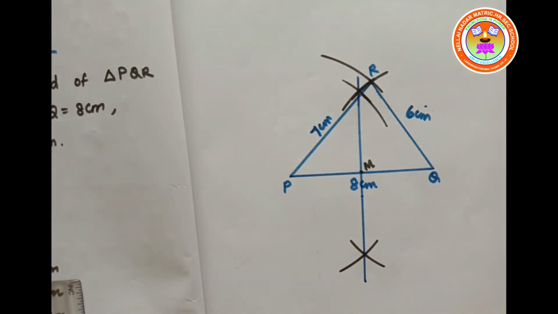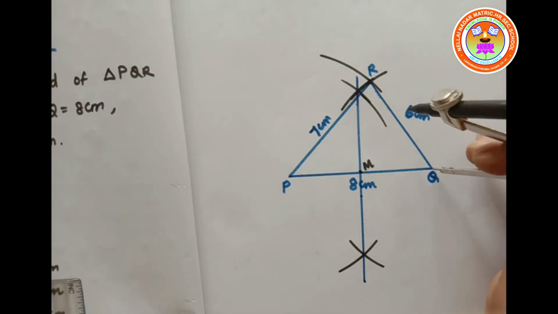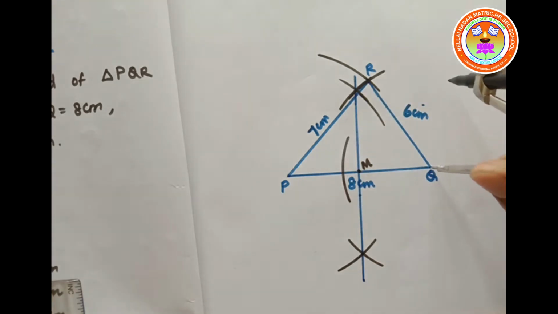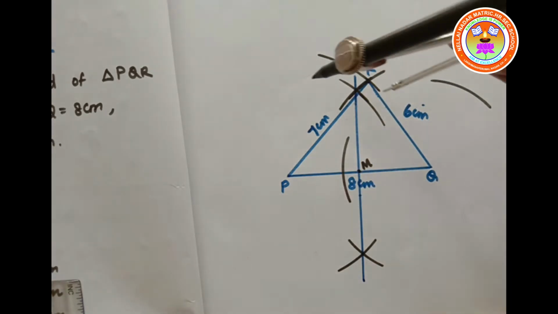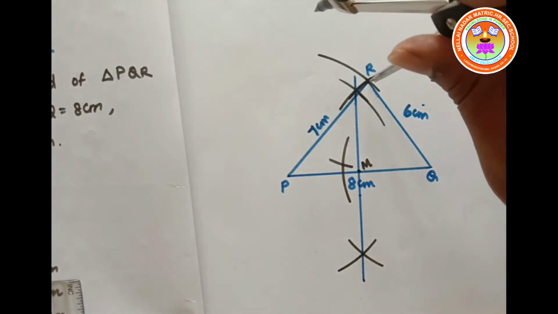Take another side, QR, and take its perpendicular bisector. From Q, take more than half. We're going to draw a perpendicular bisector. From R, cut an arc like this.